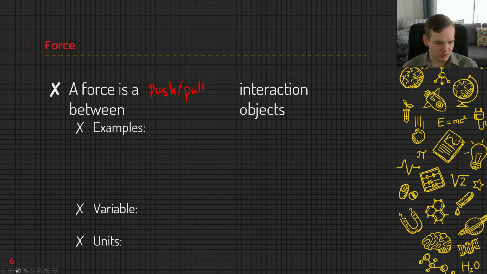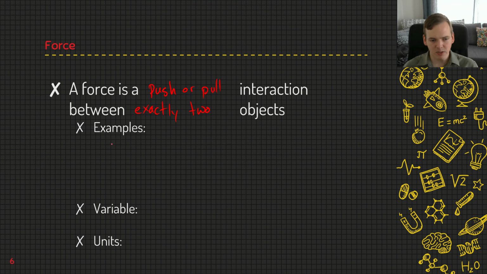It's a push or pull interaction between exactly two objects. So it's always between exactly two objects. If it's three objects, it's not a force. If it's not a push or a pull, it's not a force.